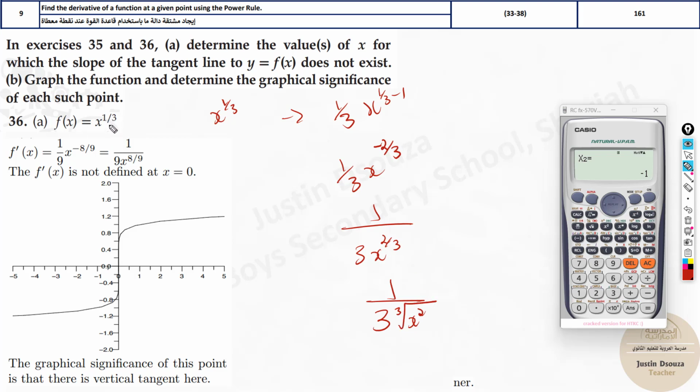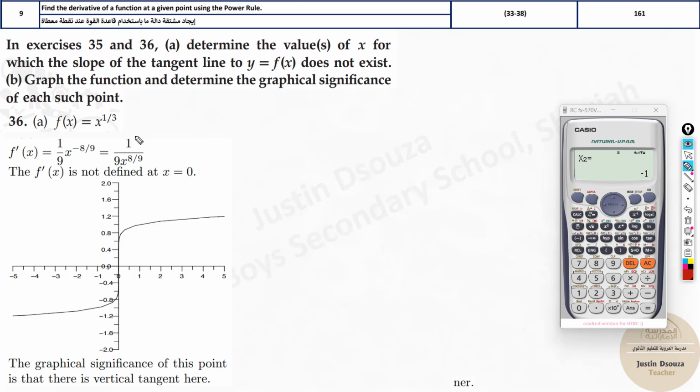But now this is not the question, it's supposed to be 9 here. Okay, I should have written it later. This is supposed to be 9 here. So what we do is 1 by 9 comes down and you will have x to the power 1 by 9 minus 1. So 1 minus 9 is 8. So it will be 8/9 remaining, but it will be negative because 1 is negative.